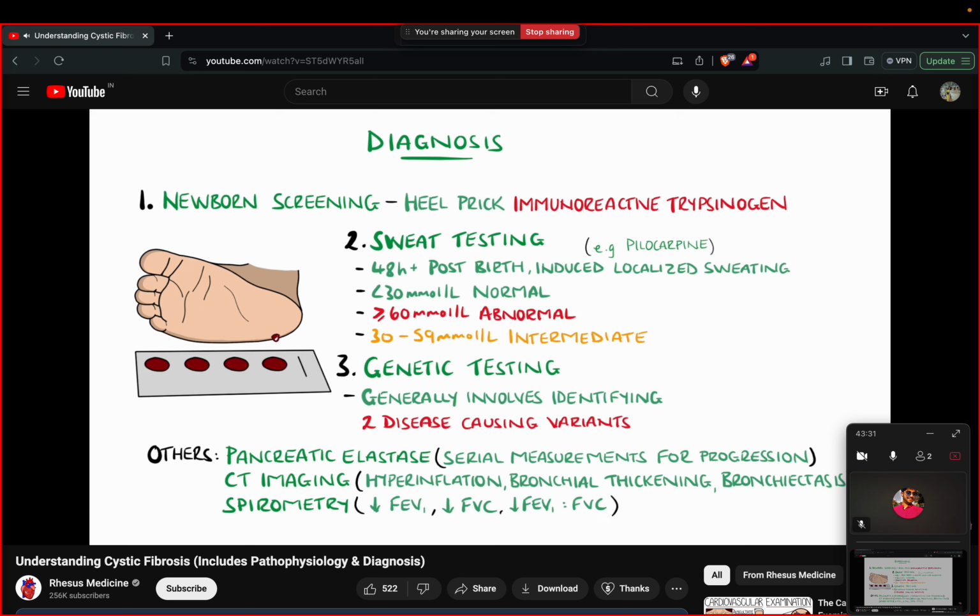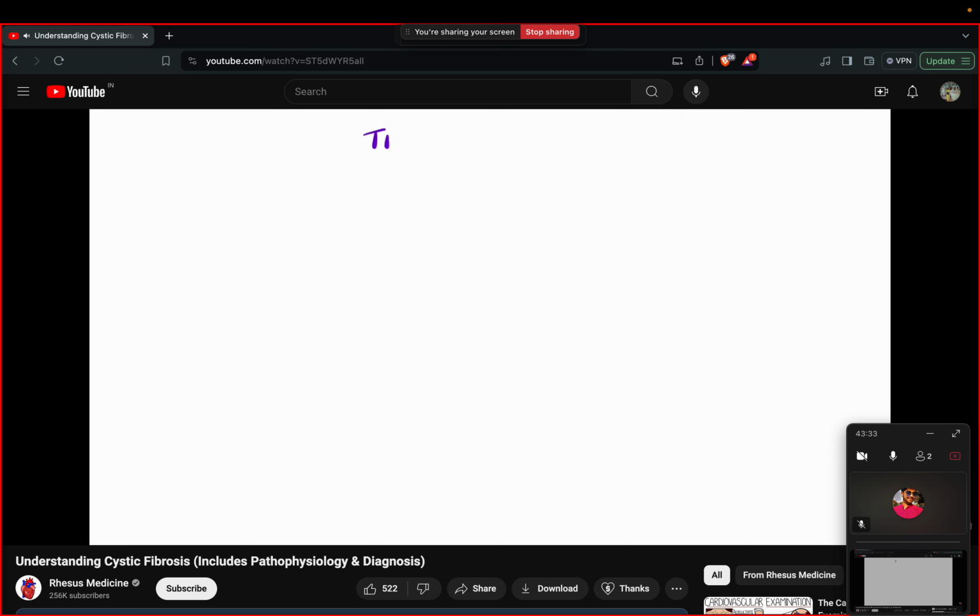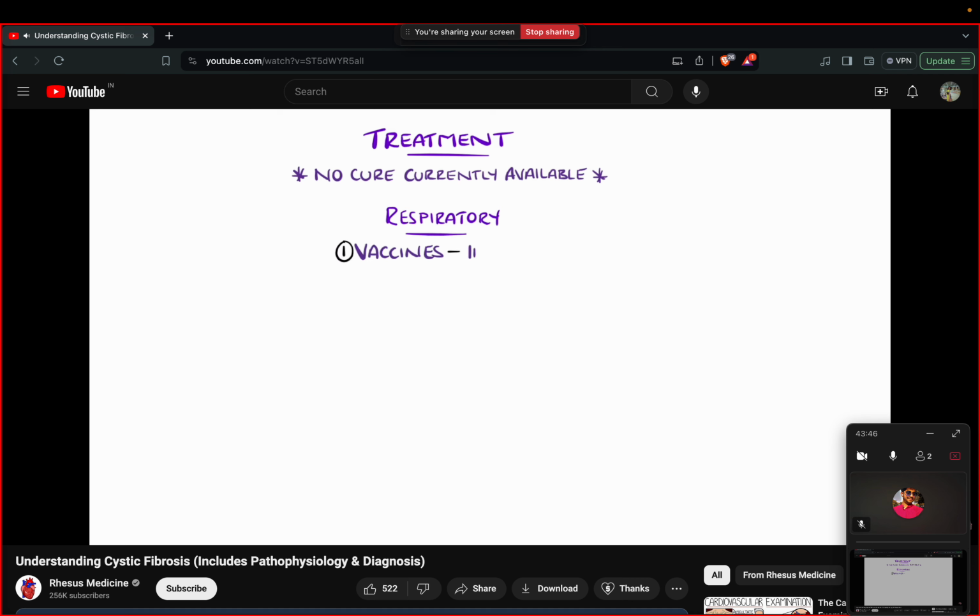While there is no cure, the goal is to alleviate symptoms, prevent complications, and improve the overall quality of life. From a respiratory point of view, this involves vaccines such as the annual influenza and more recently COVID-19 vaccines.